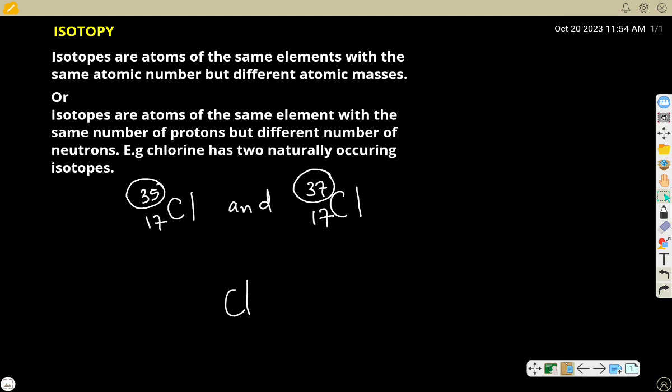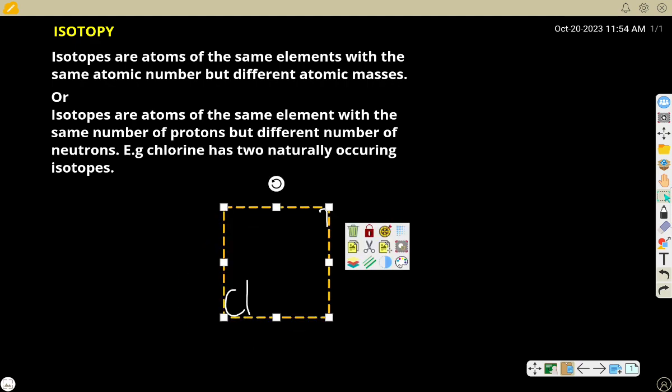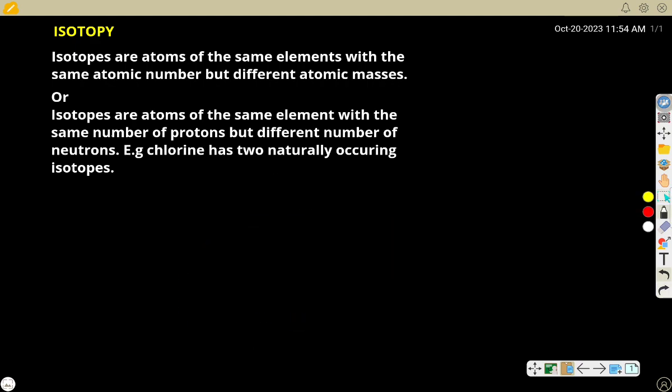So now let's analyze the second definition. The second definition of isotopes here, we say, or isotopes are atoms of the same element with the same number of protons. Take note, number of proton is equal to atomic number.